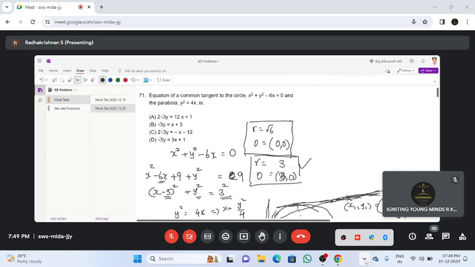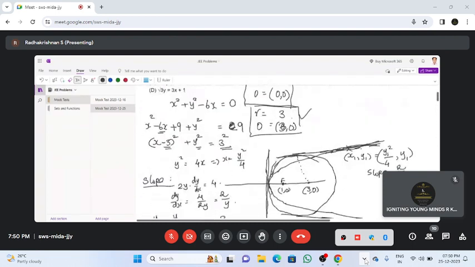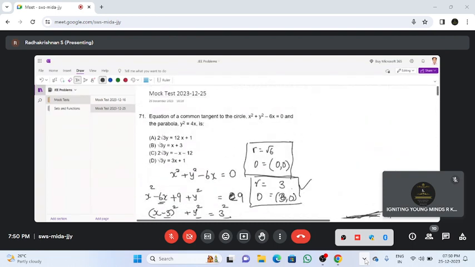If you take the options, option B matches with that, right? x minus root 3 y plus 3 equal to 0. The other options don't match. So only that option will match: x minus root 3 y plus 3 equal to 0.